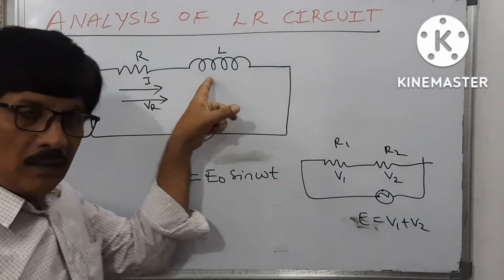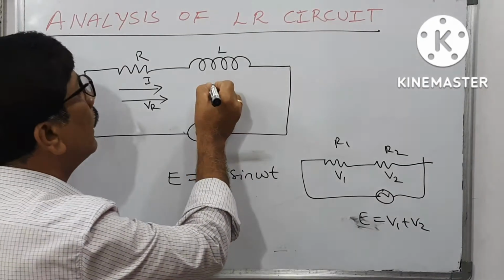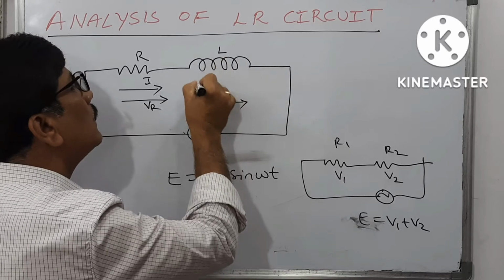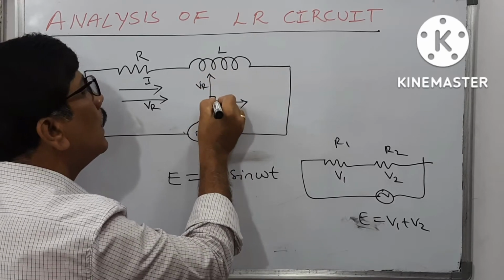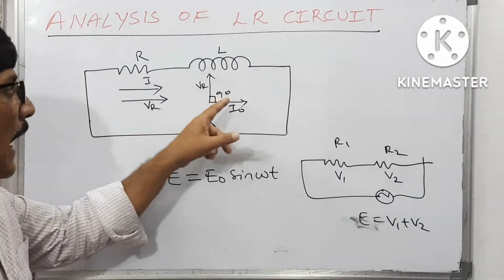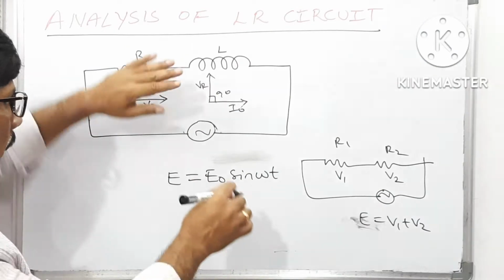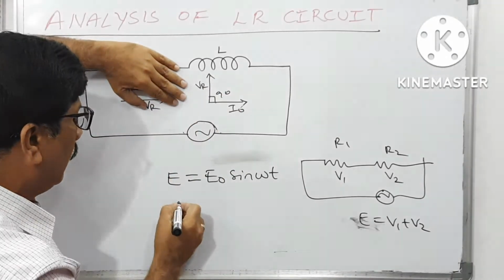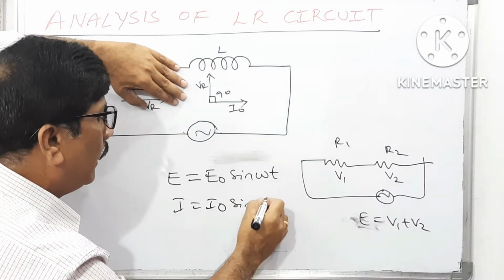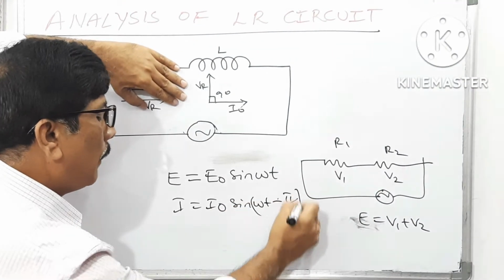When I was discussing AC through an inductor, I said the current is behind the voltage by 90 degrees. So when I was explaining only the inductor, I got I is equal to I0 sin omega t minus pi by 2. I think you can remember this.